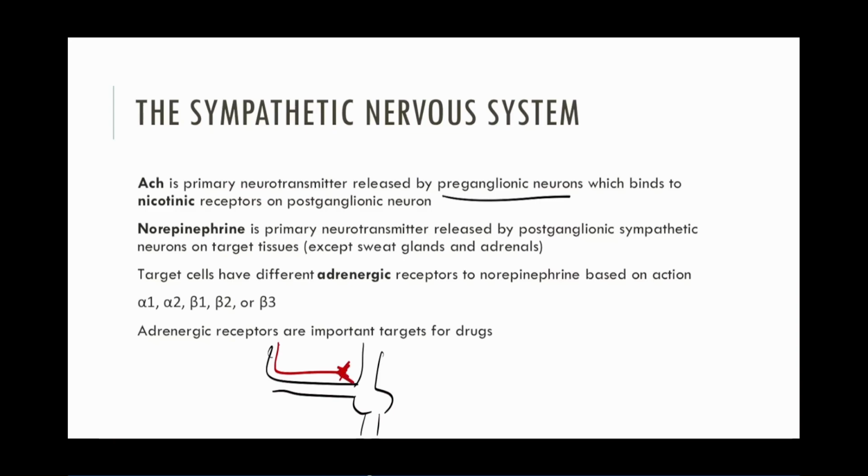Put an arrow like that. And it's going to release acetylcholine. That acetylcholine is going to bind within the ganglion, activate the secondary nerve or the postganglionic nerve, which then goes to an organ. It's going to have a different receptor there. So, acetylcholine is always preganglionic, nicotinic on the postganglionic neurons.